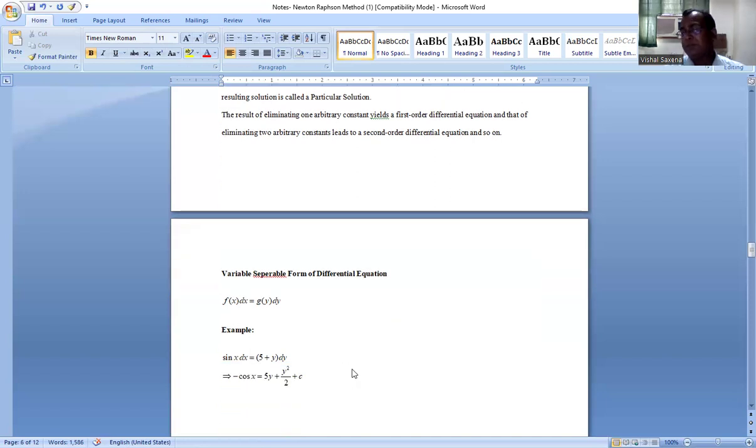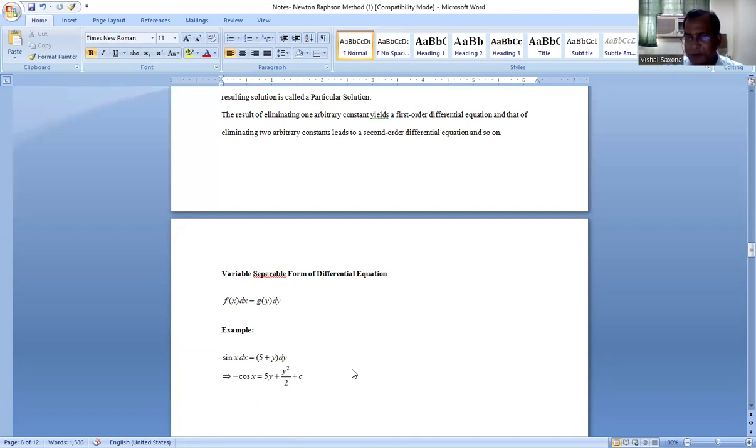Variable separable form means a form of a differential equation in which the two different sides of the equation consist of two different variables. In very simple language, suppose one side consists only of the terms of x and the other side contains the terms of y.